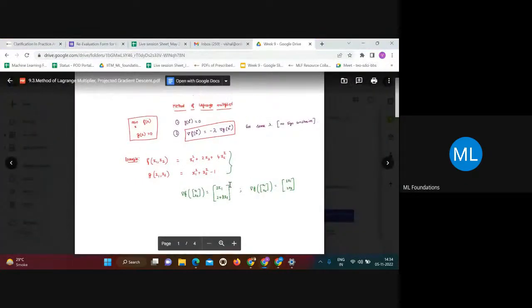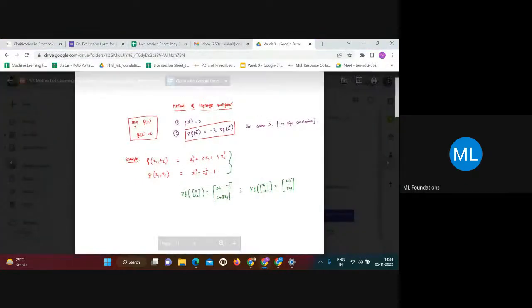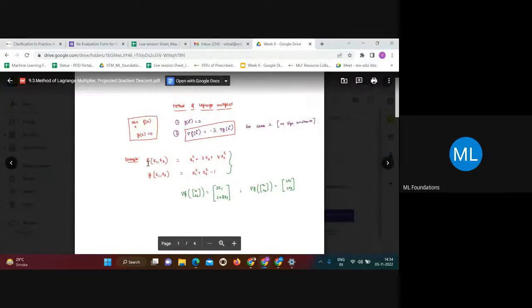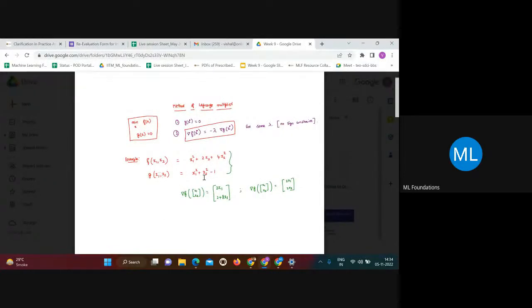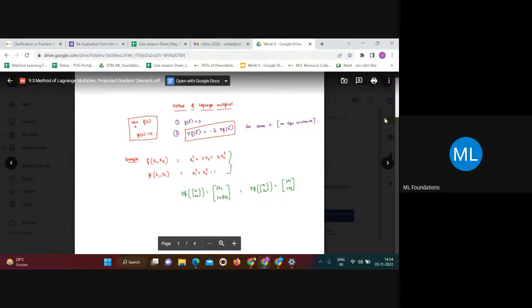Here is one example where g, x1 square plus x2 square, equals 0. This is the condition that you need to satisfy, and this is the optimization problem that you need to solve.